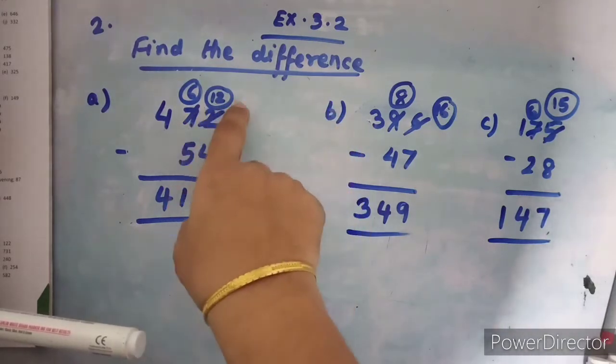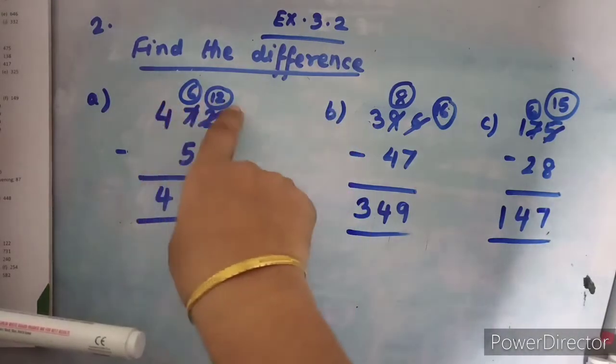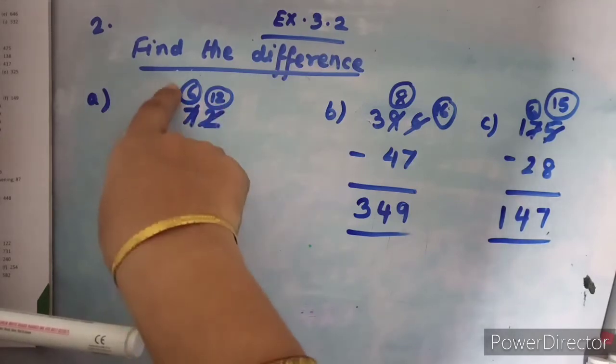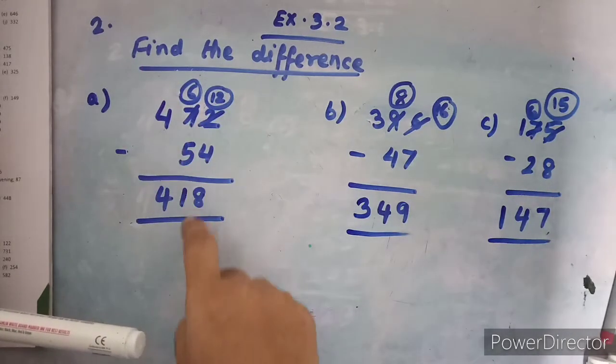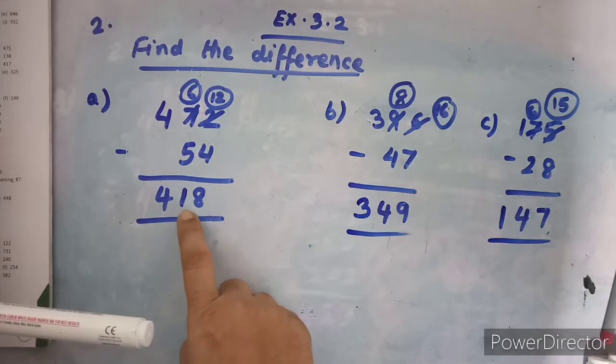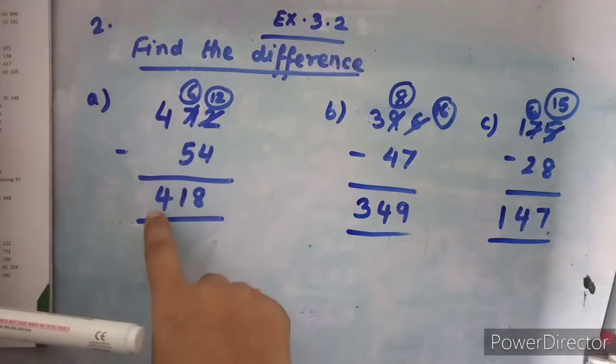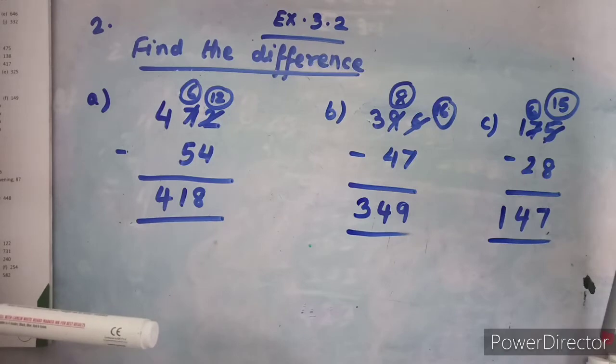Then we have borrowed, since we have borrowed from 10th position, so यहाँ पे आपको 6 लिखना है. 6 minus 5 is 1, and then here 4. Okay, so 418 is your answer.